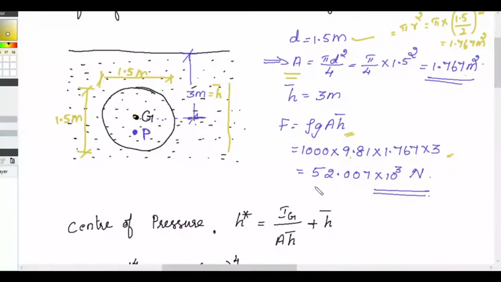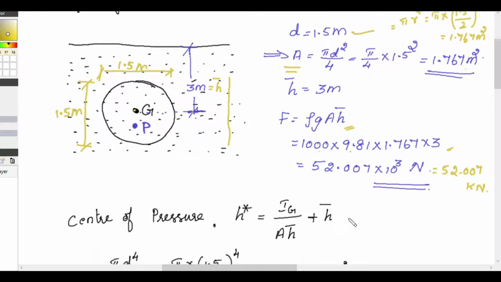So we get 52,007 Newton, that is equal to 52.007 kilonewton. Now, center of pressure H star is equal to Ig by AH bar plus H bar, the formula.